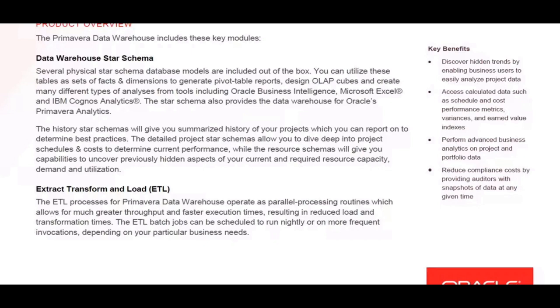So P6 is telling that they are using a star schema. We will understand that in detail. What are these schemas? You can utilize these tables as a set of fact and dimension. We will understand what is fact and dimension. To generate pivot table reports, we are aware of what pivot tables are. So basically the purpose of data warehouse, which is a star schema, is to develop the table reports and analysis and all these things.